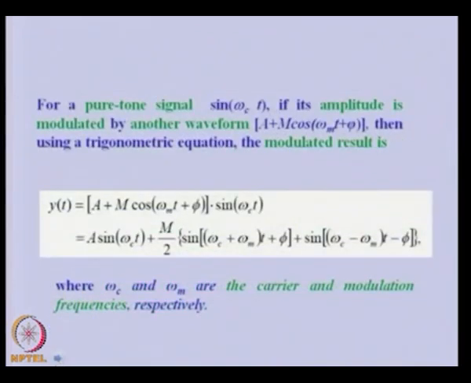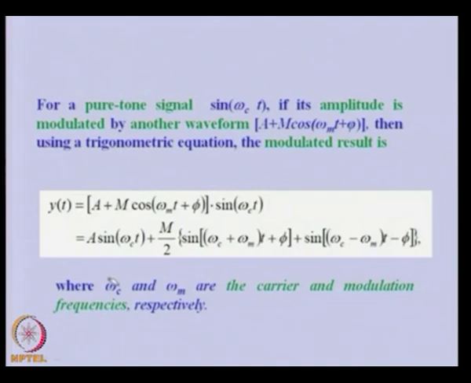So, for a pure tone signal, let us say this is a signal sin omega t, if its amplitude is modulated by another waveform like this, then using the trigonometric equation we can see that there will be not only the add and subtract of these two frequencies, modulation will take place.